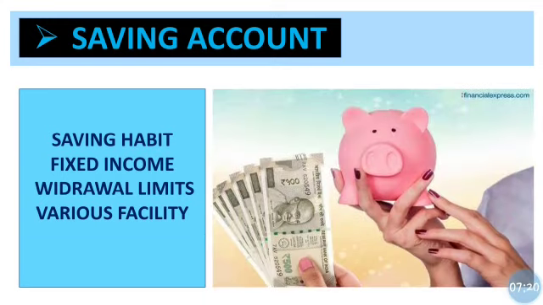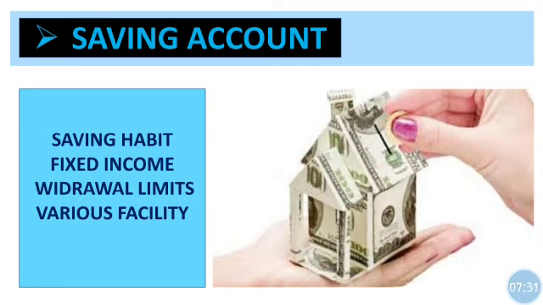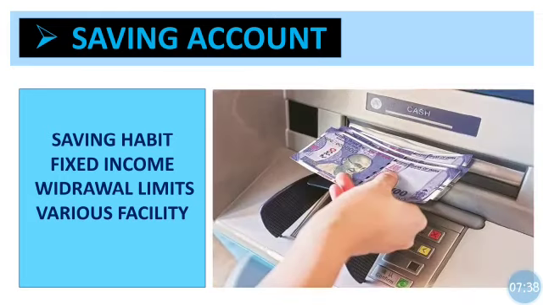This account is to encourage habit of savings among people, mostly operated by fixed income or salaried people. The purpose of this account is to do maximum saving. Account holder is restricted to withdraw money. There are withdrawal limits.